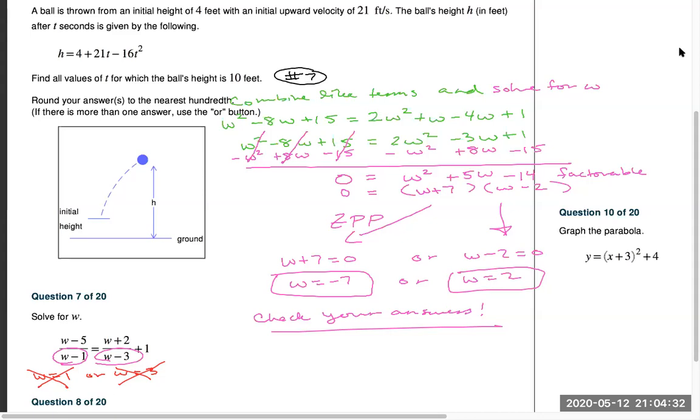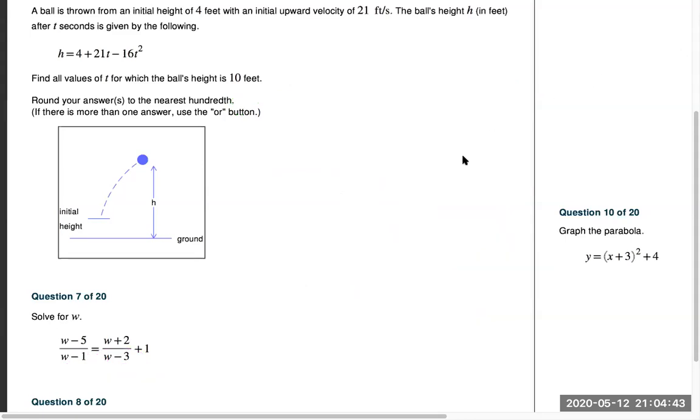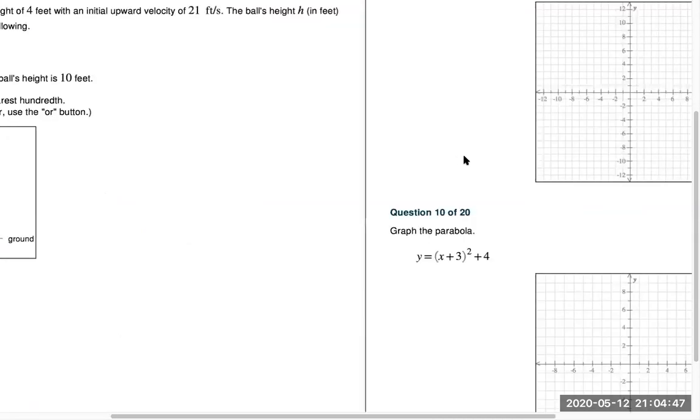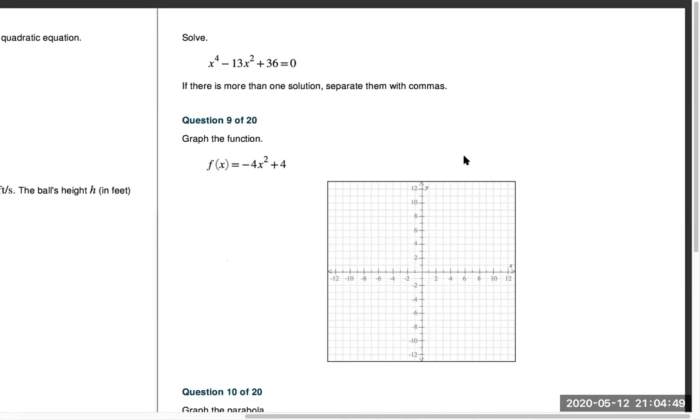All right, we're moving on to number 8 next, which is on the next page. So number 8, I think I'm actually going to write down and do on a separate board.